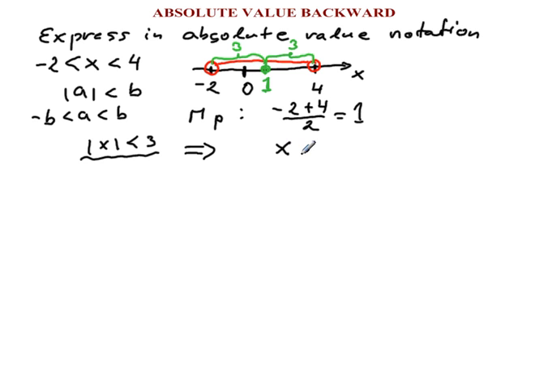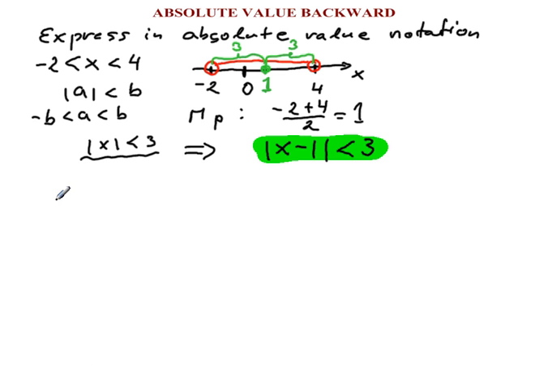So, in this case, absolute value of x minus 1 is less than 3 would be the answer to the question. Okay, so I'm sure you're now clear on how to create an absolute value notation given an interval.